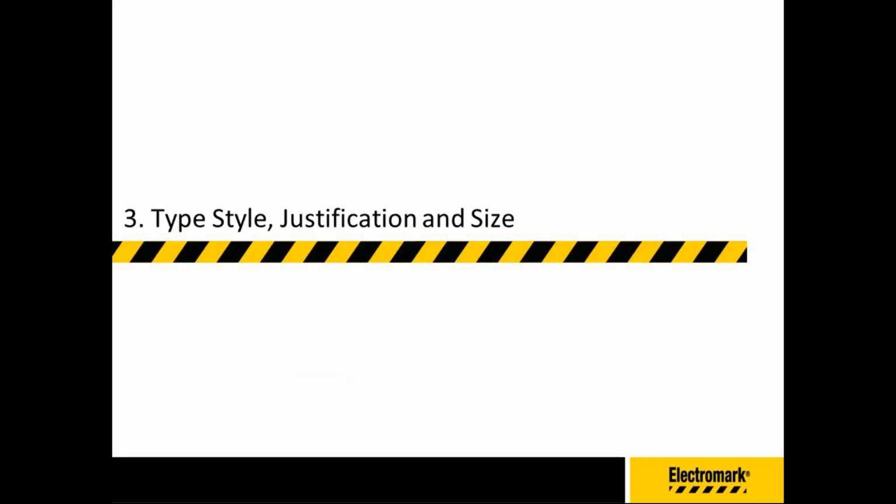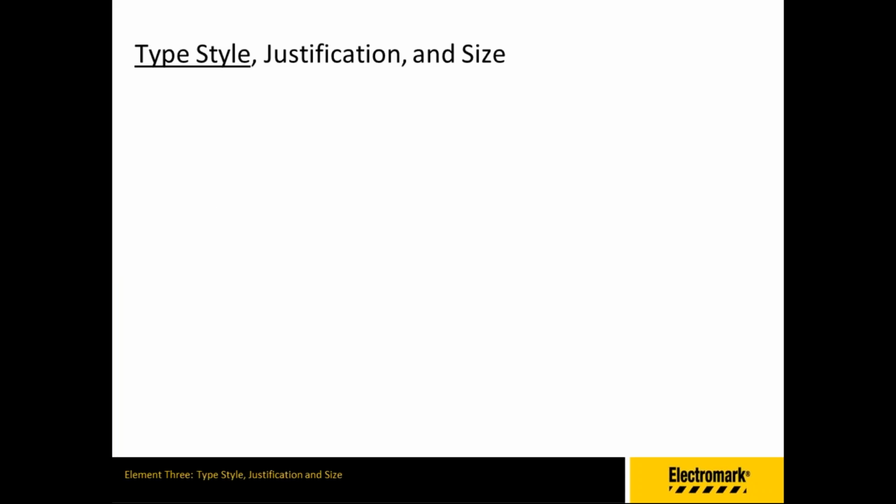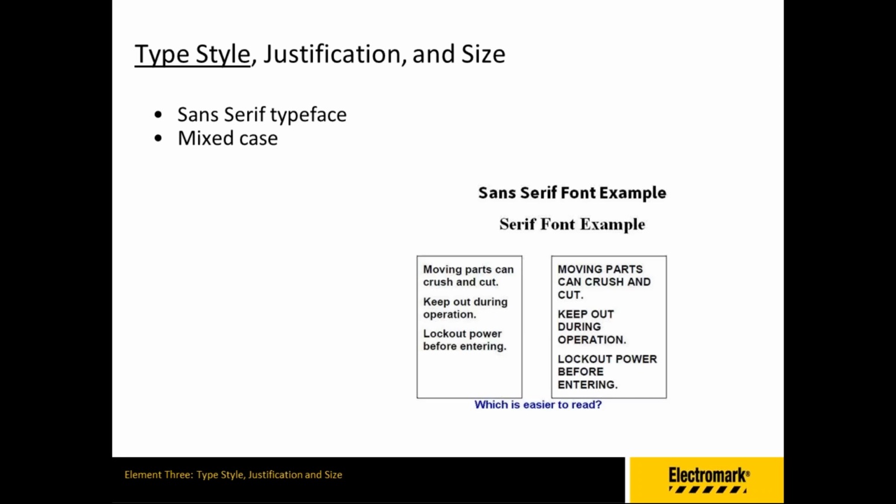The next design element would be type style, justification, and size. The standard directs the preferred use of sans serif typeface, and so I've given you an example here of each. Sans serif means simply without embellishments, and the reason is it's believed to be easier to read and you can't confuse characters as easily.